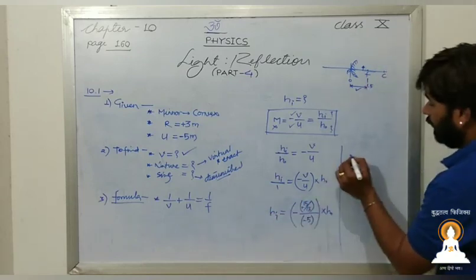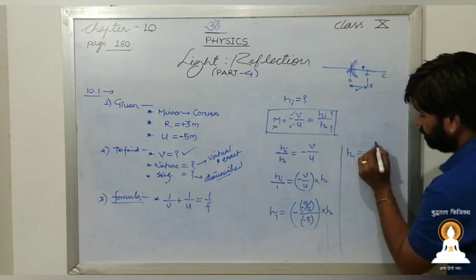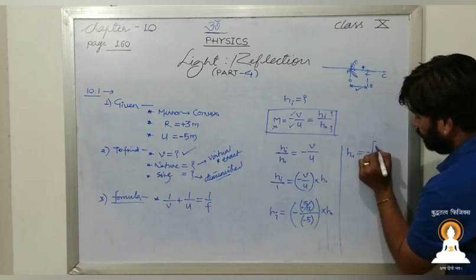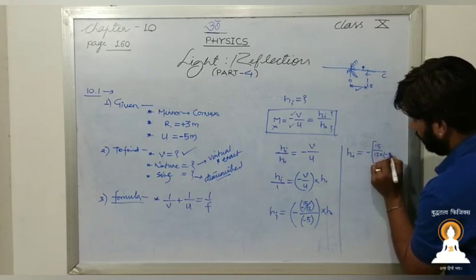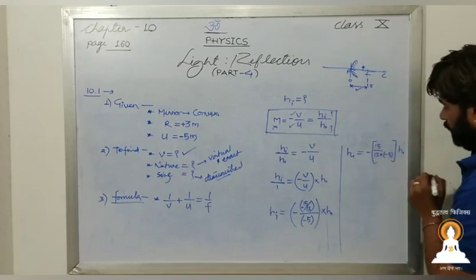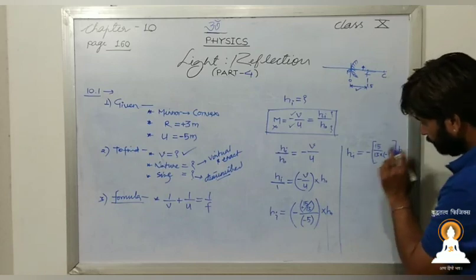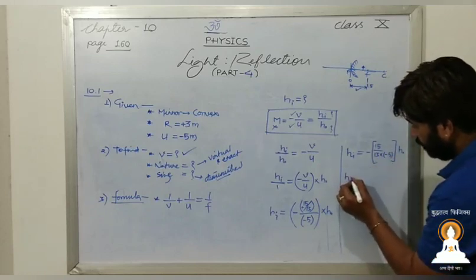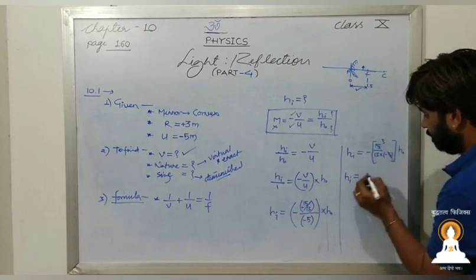So height of image will be equal to how much? That will be minus times 15 by 13 into minus 5 into height of object. We may see this thing is going to be less than 1. 5 1s are 5, 5 3s are 15.